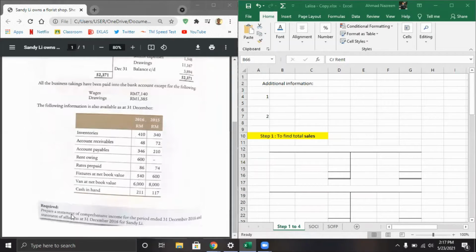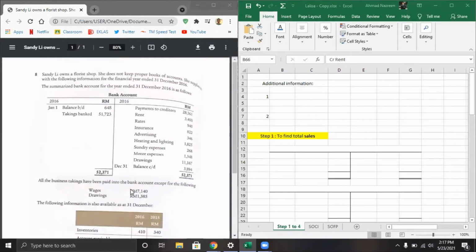Okay, so the question requires us to do a statement of comprehensive income and statement of financial position as at 31st December 2016. Okay, first thing to do is we need to do the journal for the additional information.